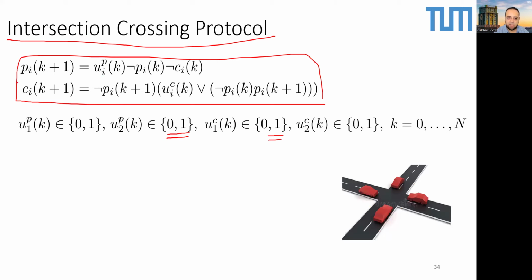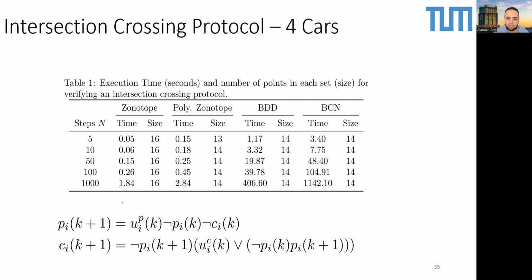How to predict and compute the P and the C? This is the computation time for zonotope, polynomial zonotope, binary decision diagram and Boolean control network. The zonotope has the best execution time as shown here.